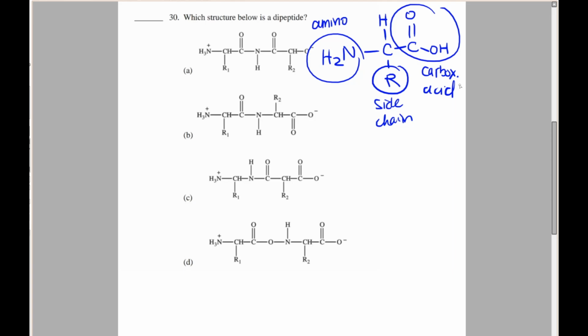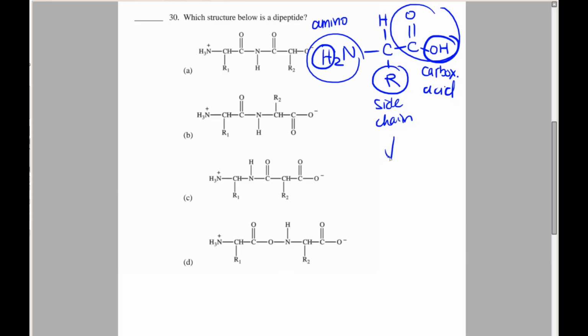The way that we do this is we take this OH from this carboxylic acid and we take one of the hydrogens from another amino acid's amino group, and we merge them together. These two parts of the functional groups make up the water molecule that we get rid of.